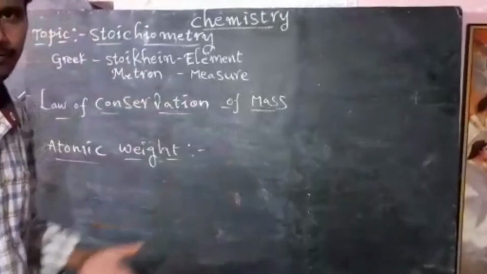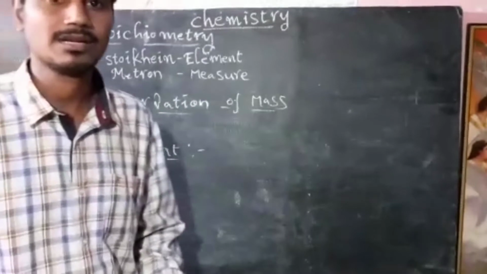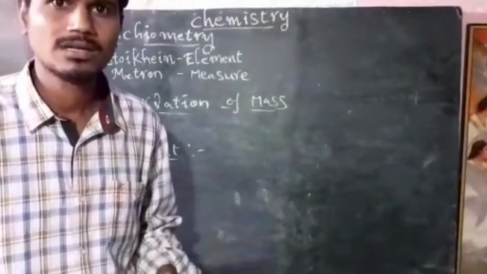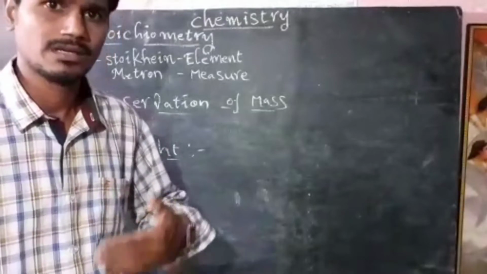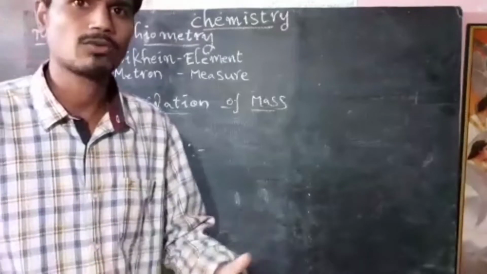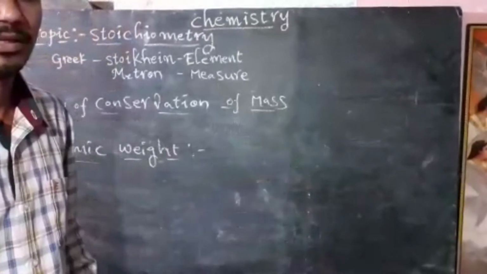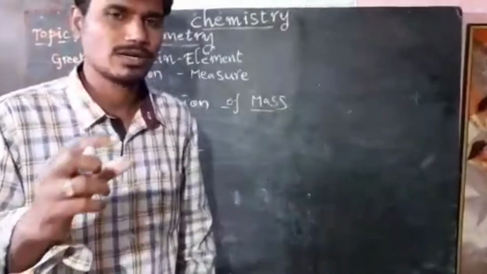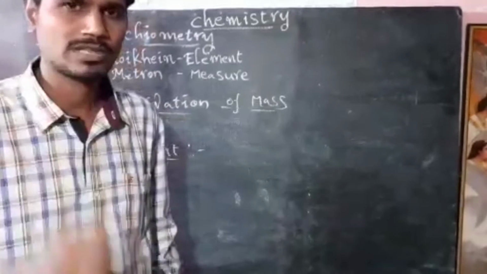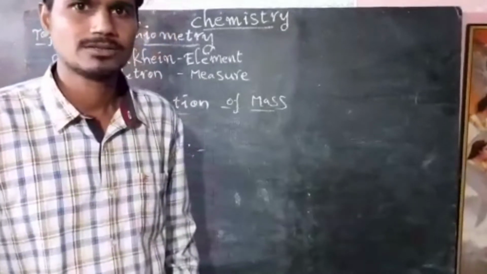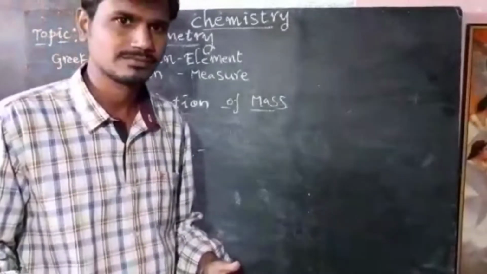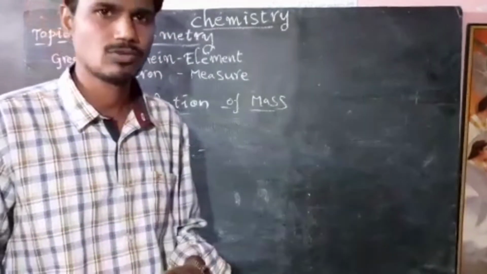As discussed before, if you divide a carbon atom into 12 equal parts, we get 1/12 part of the C12 atom. So we are comparing the relative mass with the C12 atom.